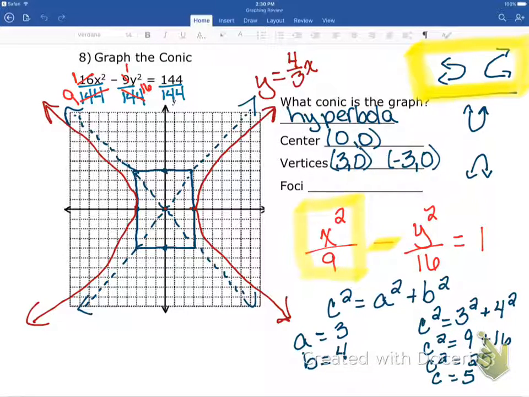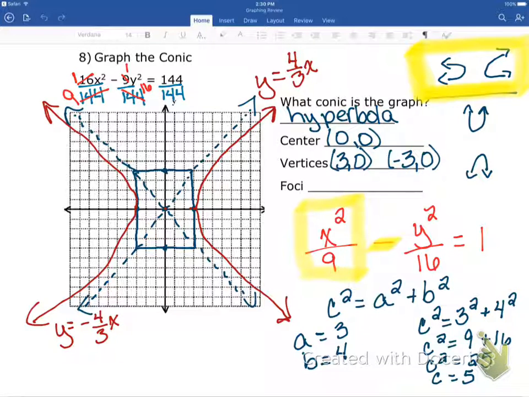Our other asymptote is right here, and it is negative b over a x. So this asymptote is y equals negative 4 over 3 x. And our b value in y equals mx plus b is 0 because we go through the origin. So those are our asymptotes. This particular problem doesn't ask us about asymptotes, but that is something that may come up in the future. So you want to be aware of the slope of those asymptotes and how that works.